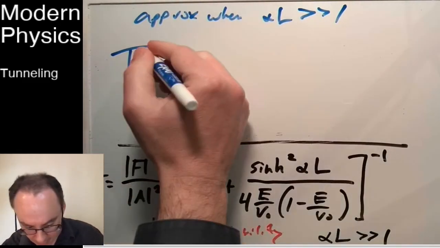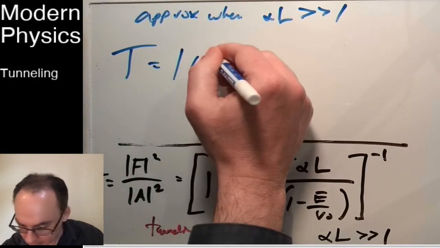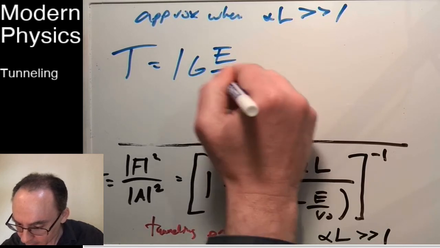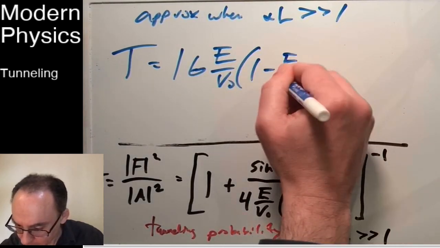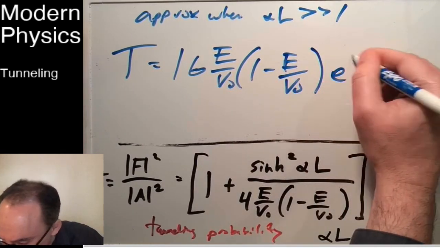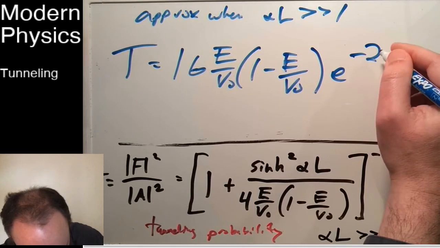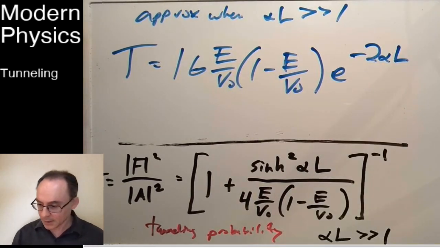That's what I mean by that up there, is that this is about 16 E over V naught, times 1 minus E over V naught, times e to the minus 2 alpha L. And there it's really clear.